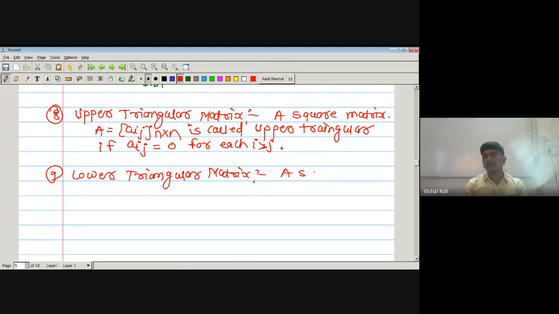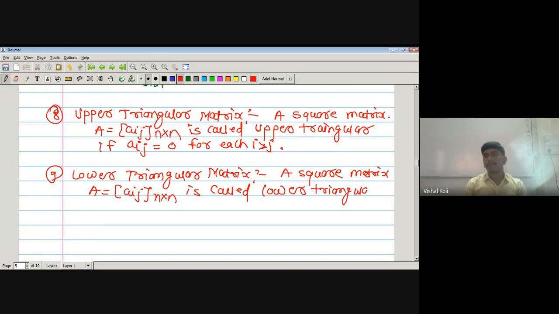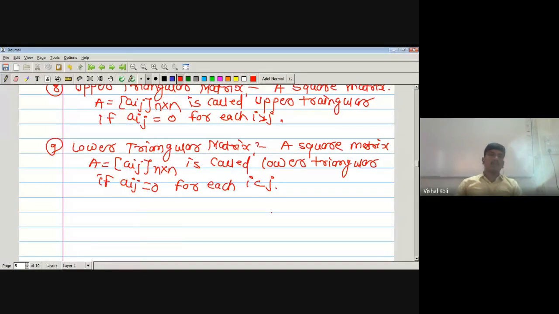A square matrix capital A equal to aij of order n by n is called lower triangular if aij will be equal to 0 for each i less than j. Okay, so what is an upper triangular matrix? Any square matrix is said to be upper triangular matrix whenever i is greater than j, and it is called a lower triangular matrix if i is less than j.